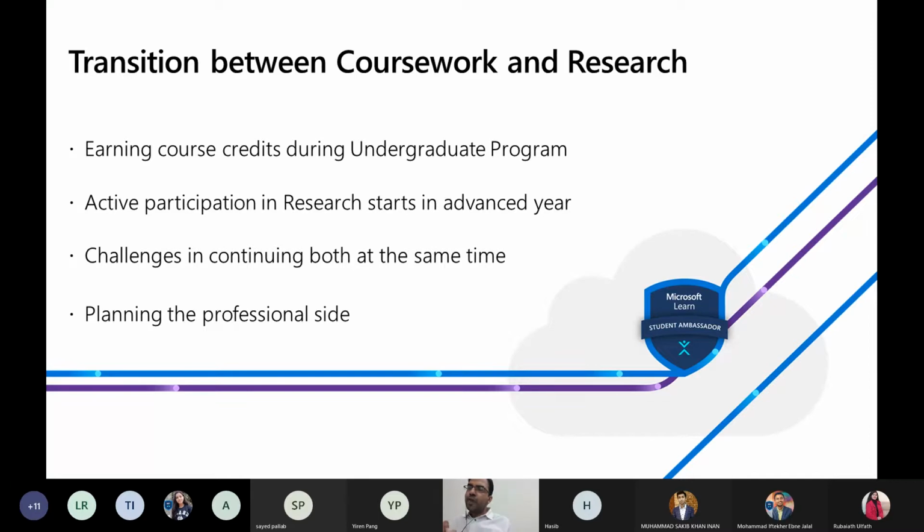Here is one formula that I followed when I was an undergrad student, and I have tried to tell it to other students of mine. When you are a final year undergrad student and you are studying some intensive work, if you notice carefully, there is a connection between the research work and those advanced courses.